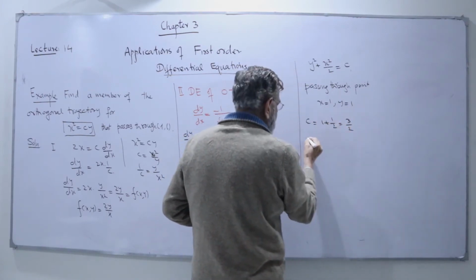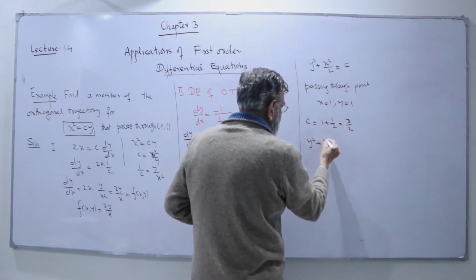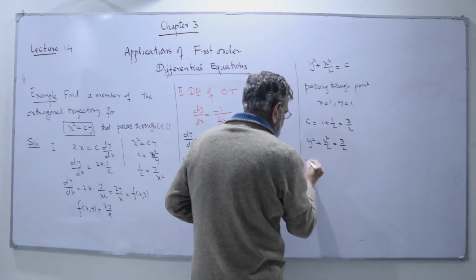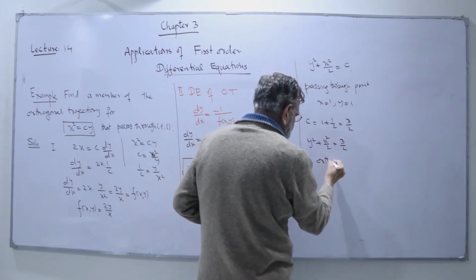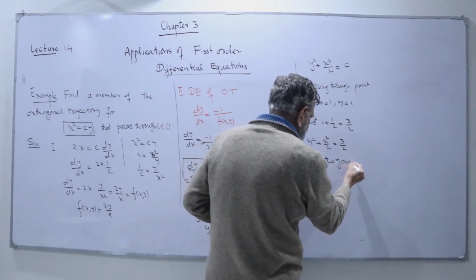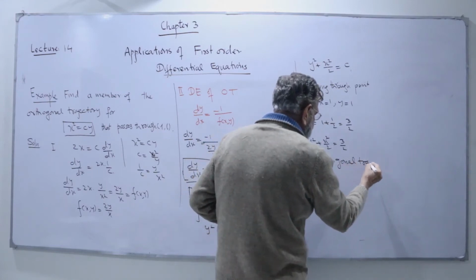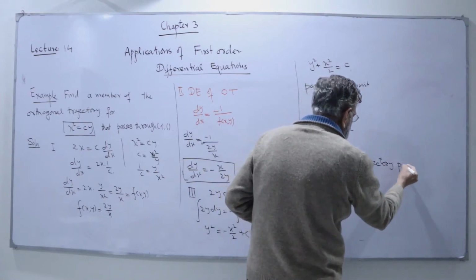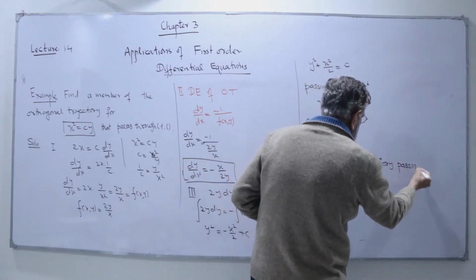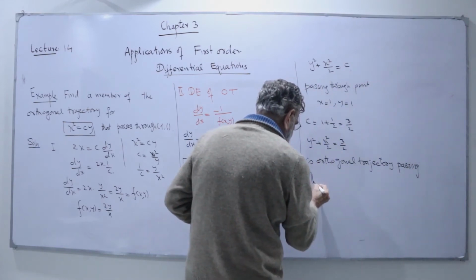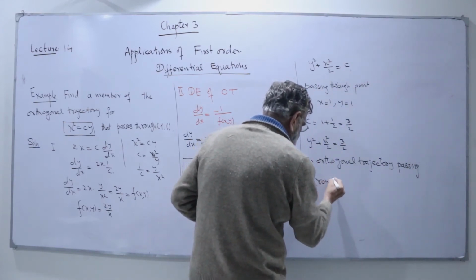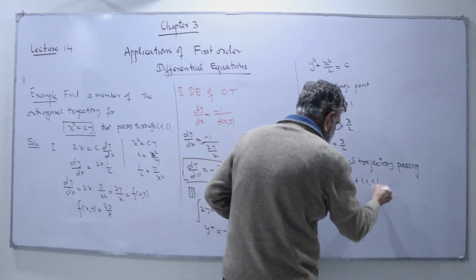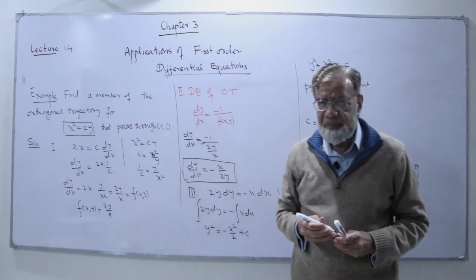So we get y squared plus x squared by 2 is equal to 3 by 2, which is the orthogonal trajectory, the curve passing through the point (1, 1).